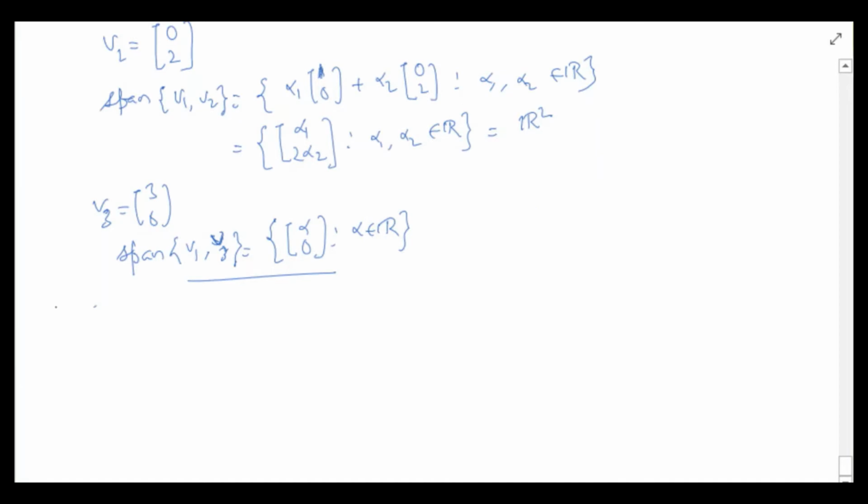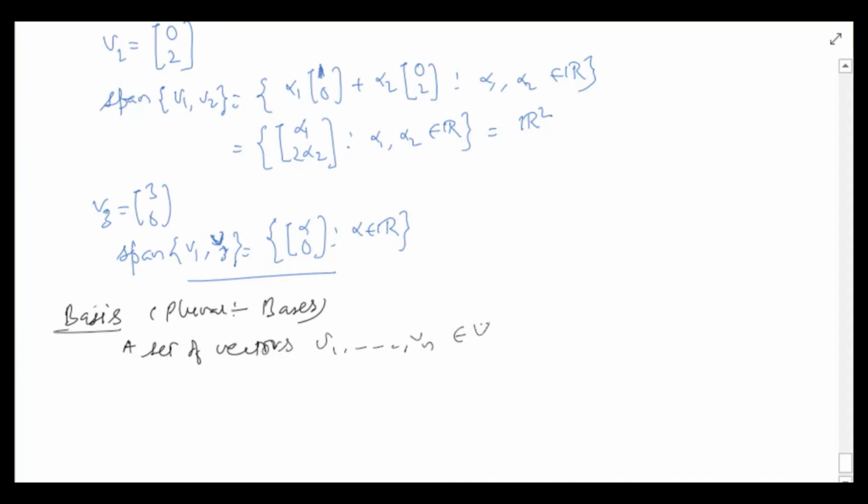We end this lecture with a discussion on the notion of bases. So now we will look at bases. Plural of basis is bases. A set of vectors V1 dot dot dot Vn in a vector space V is called a basis of V if the following two conditions are satisfied.